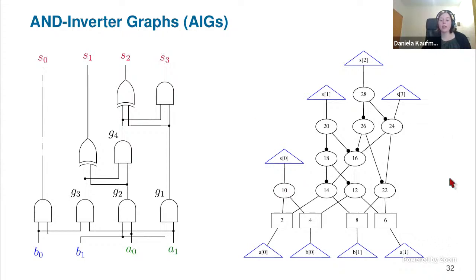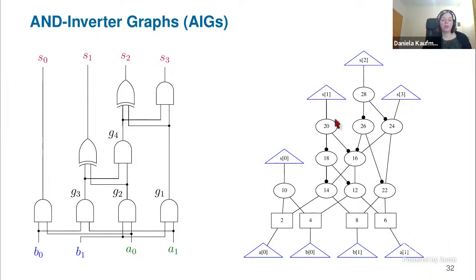So this AIG here on the right is the AIG encoding of this 2-bit multiplier, which we used throughout the talk. For example, this AND gate, which reads B0 and A0 as input and S0 as output, is represented by this node, which gets A0, B0 as input and has output S0 too.